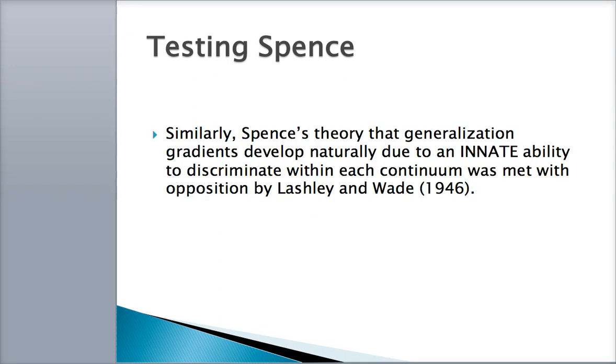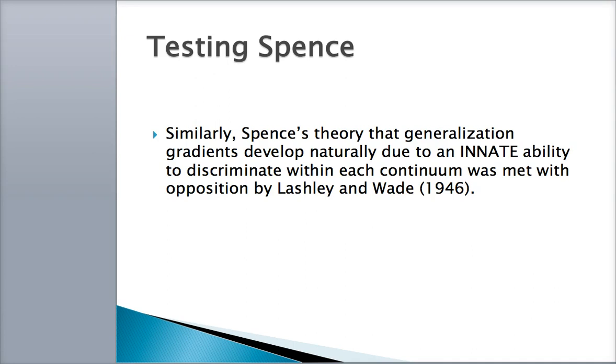Now, similarly, Spence's theory that generalization gradients develop naturally due to an innate ability to discriminate within each continuum was, at the time, met by opposition by Karl Lashley and one of his students, Wade, in 1946.